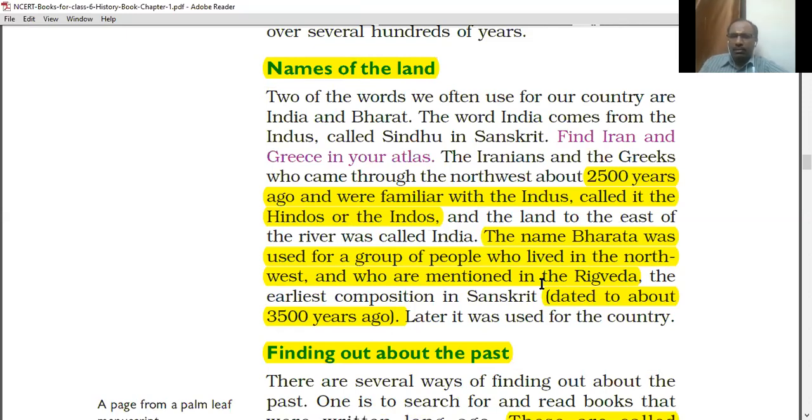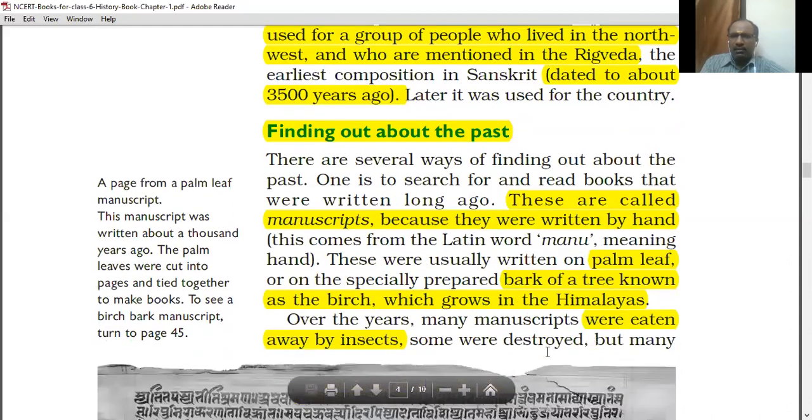Finding out about the past is a very interesting thing. How can we find out about our past? Through evidence. What evidence do we have? The manuscript. A manuscript is nothing but writing by hand on palm leaves. The word comes from Latin, where manu means hand. It can be written on palm leaves or even the bark of trees, such as birch, which grows in the Himalayas.